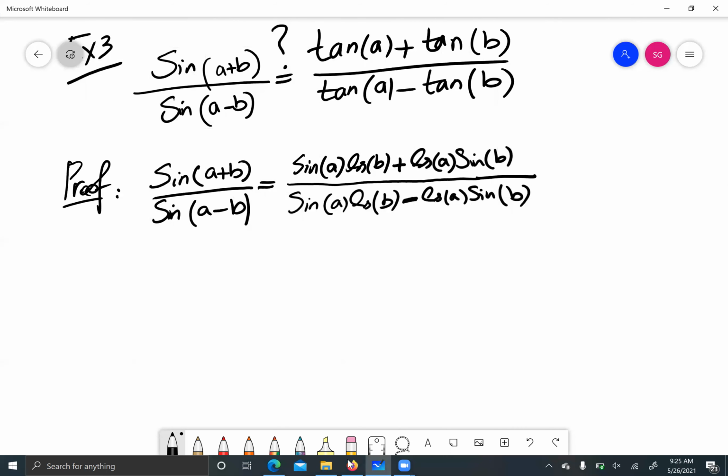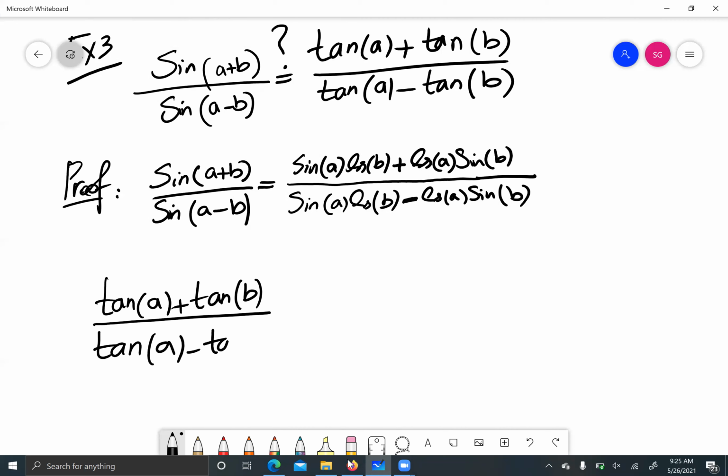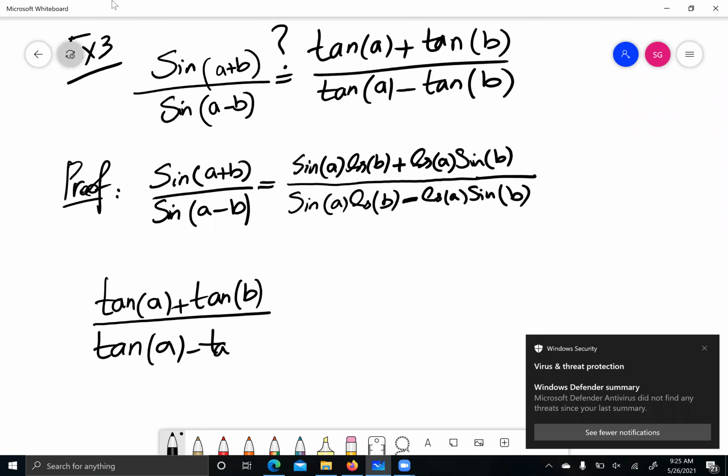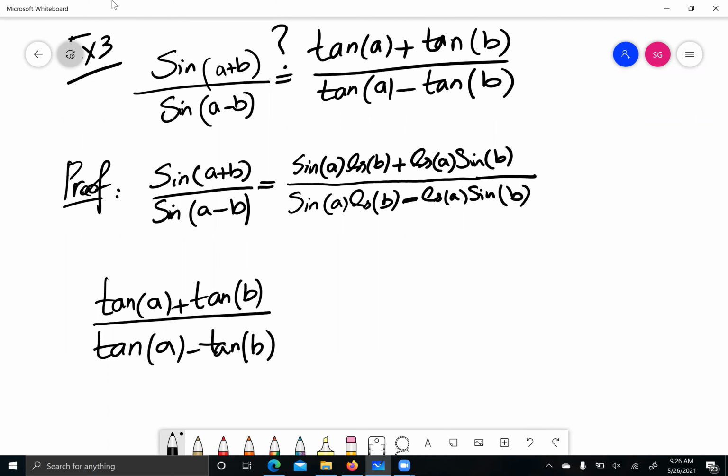On the right side, we have tangent of A plus tangent of B over tangent of A minus tangent of B. This term contains tangent, while the expression on the left contains sine and cosine.